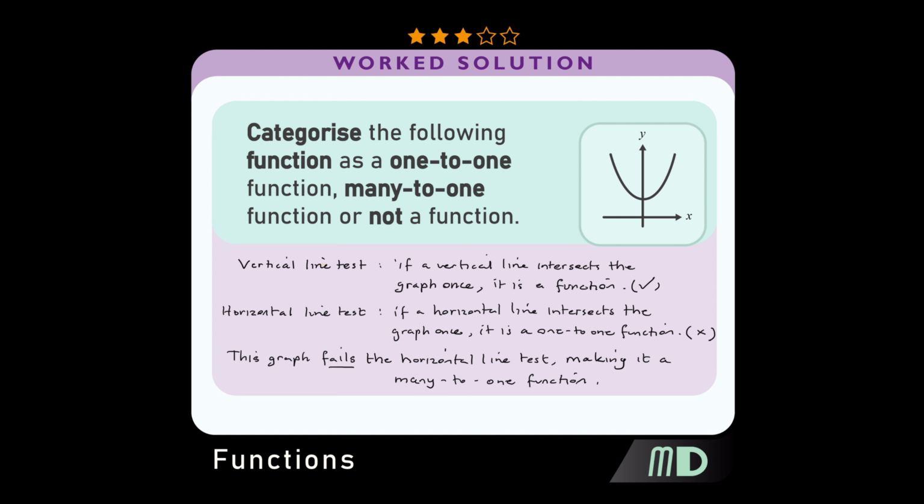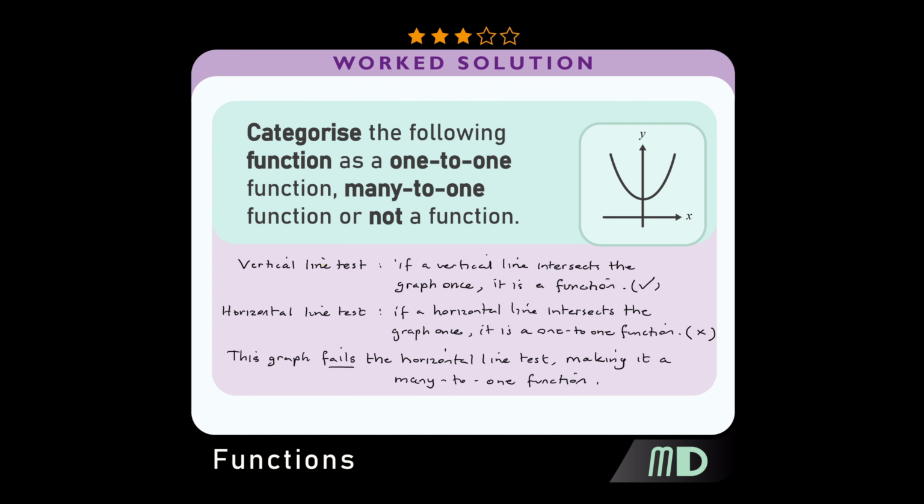A function type is determined based on how the inputs and outputs of a function behave together. If a function is one-to-one, every single input value has its own unique output.